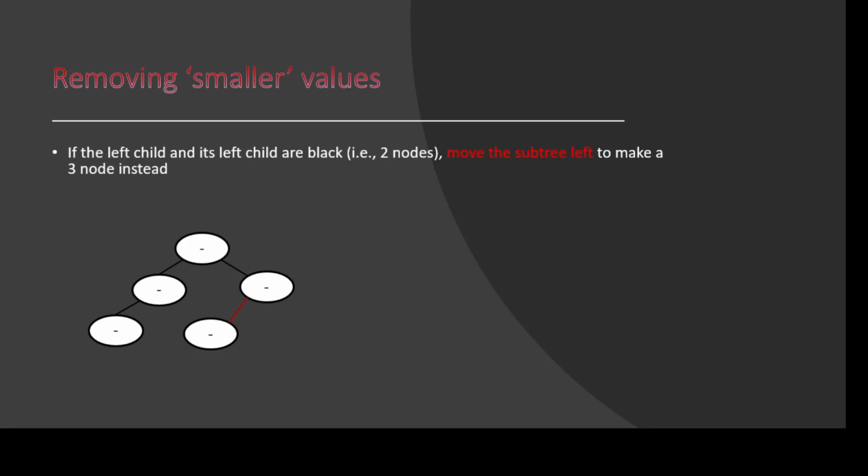Then we want to actually choose to move that subtree left. So there's this function that is only used in remove called move left and move right. They're very similar to each other. So if we have the situation where we have only binary nodes, we want to make those nodes into 2-3 nodes essentially, and that's what this move left does.